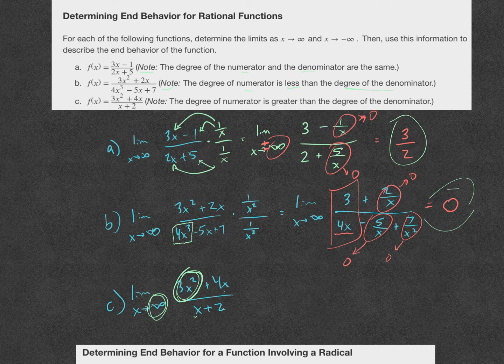That took over, making that denominator big and pulling the size of that fraction down to 0. Here, this term is going to get really, really big. That becomes the most important, and what ends up happening is that limit is equal to infinity. All right? That's kind of cool. And if that explanation didn't make sense, you can still use the same approach. Multiply by 1 over x squared and distribute it to each term in that fraction.